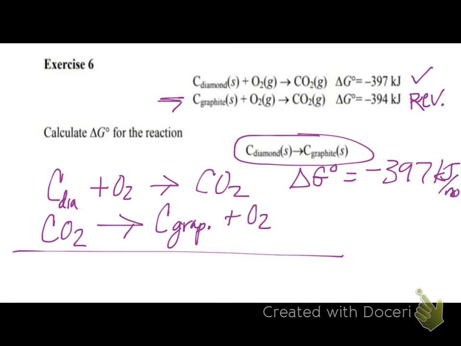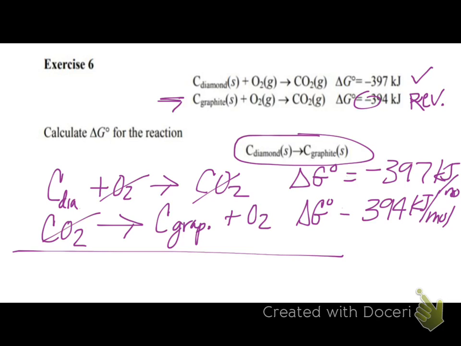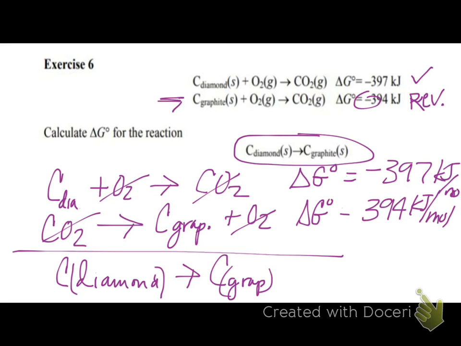This is an old note, so it needs to be per mole. And then because we reversed this, we're going to reverse that sign. So delta G is going to be 394 kilojoules per mole. We cancel our carbon dioxide, cancel our oxygen, so we have carbon diamond going to carbon graphite, and then our delta G will be a negative 3 kilojoules per mole.